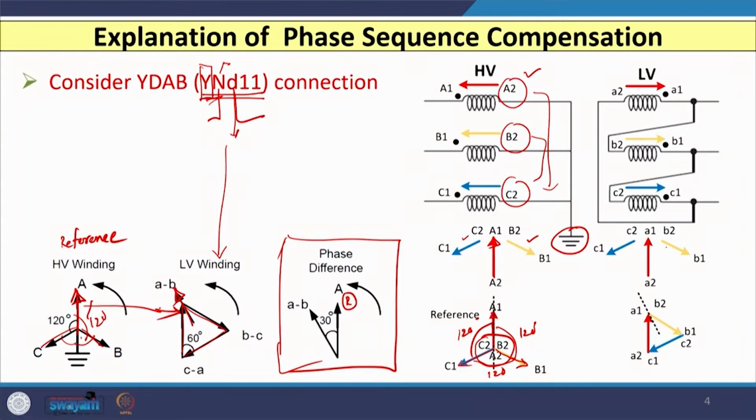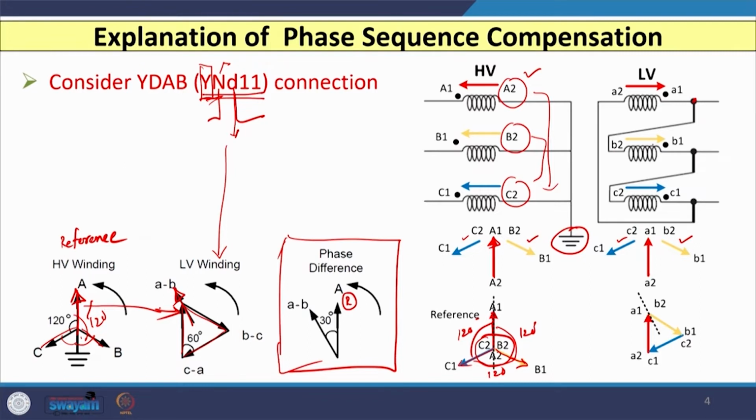The second winding phasor is from B2 to B1, that is this one, and third winding phasor is from C2 to C1. Now, here you can see that your A1 point is connected with the B2 point. So, your first phasor in R phase, that is from A2 to A1, and as A1 is connected with B2.